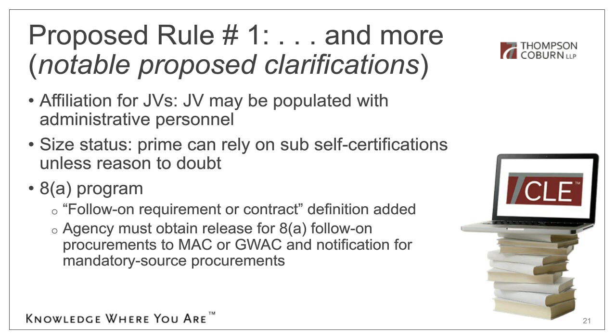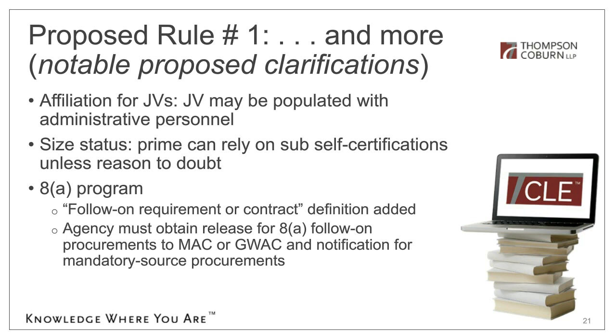SBA also explained that a prime contractor could rely on their subcontractor's self-certifications as far as size, unless the prime contractor has reason to doubt that. And then as far as the 8A program goes, there were a couple of other clarifications there that I'm not going to detail, just to make sure that I give you guys enough time for some questions at the end.